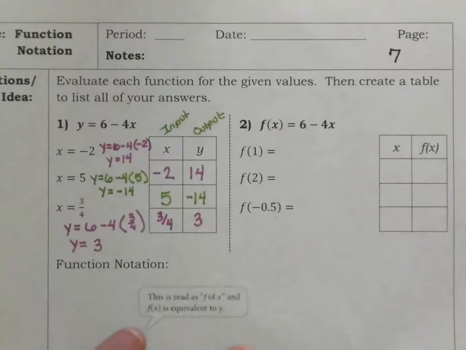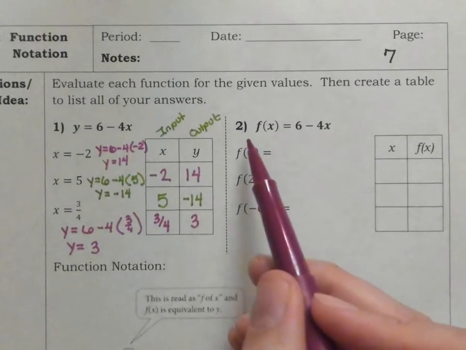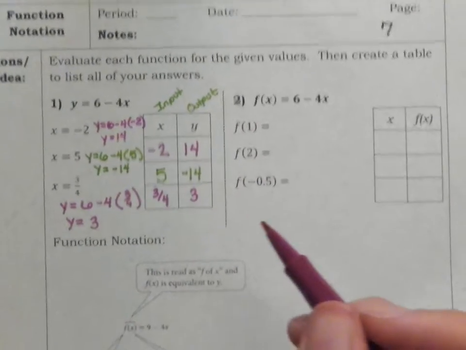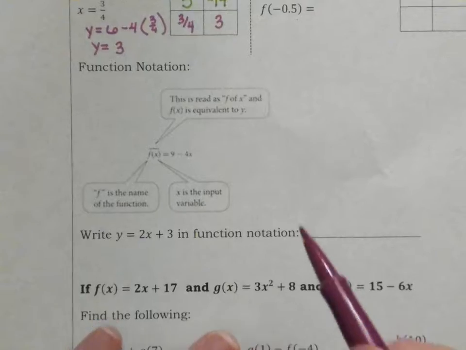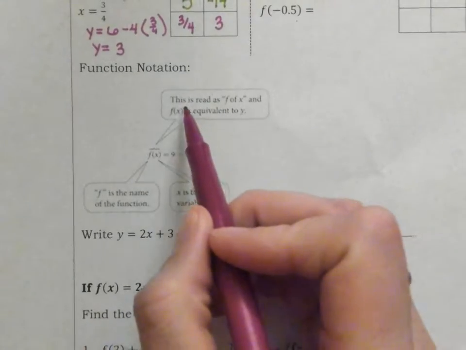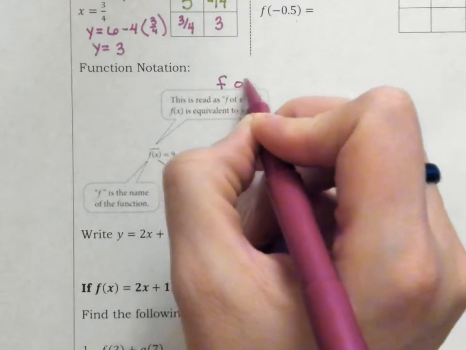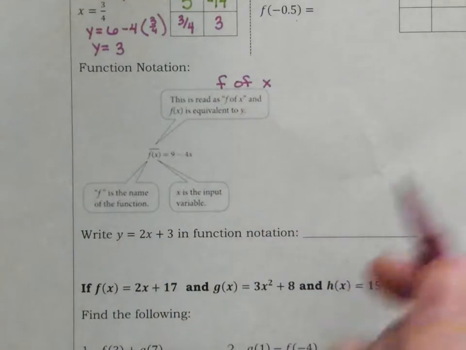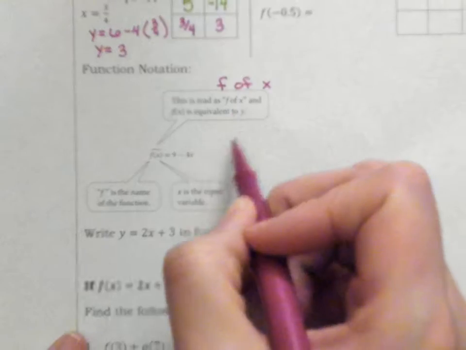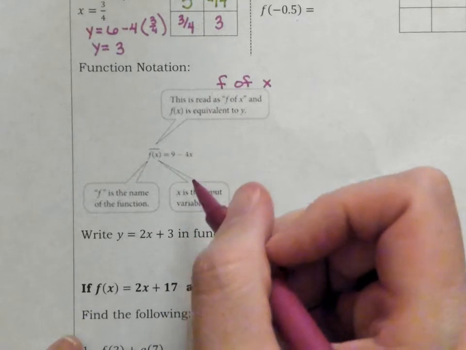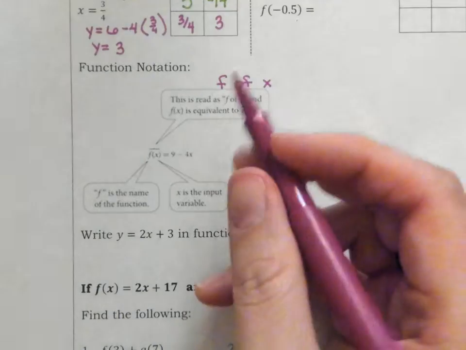So we're going to do the same thing over here, except now this is written in function notation. So have a little note down here in the center, and then we're going to come back. Function notation is read as f of x. So f of x. And it's equivalent to putting that y value in there. But if we use function notation, it gives us a little bit more information.